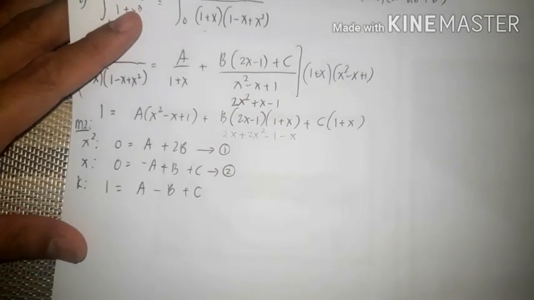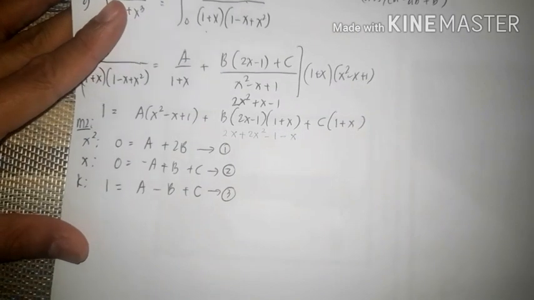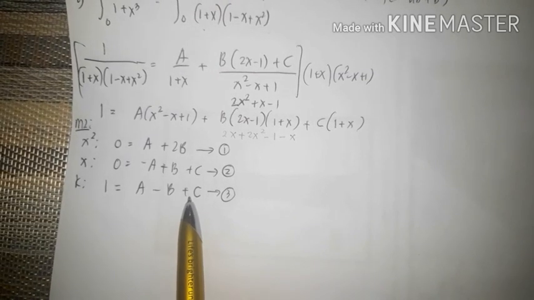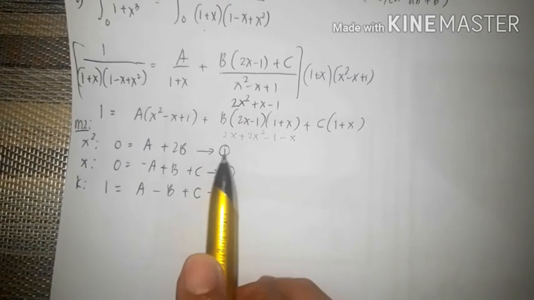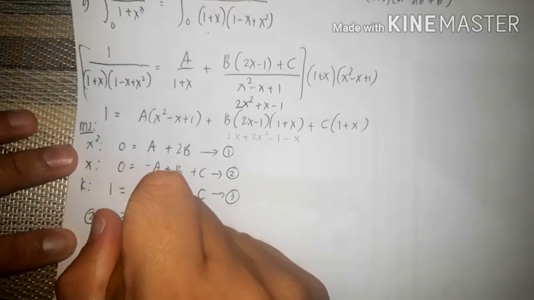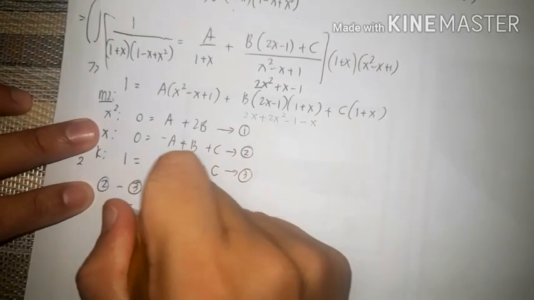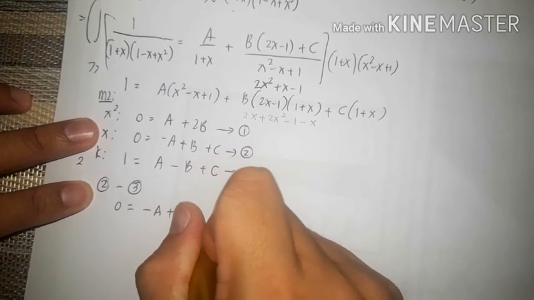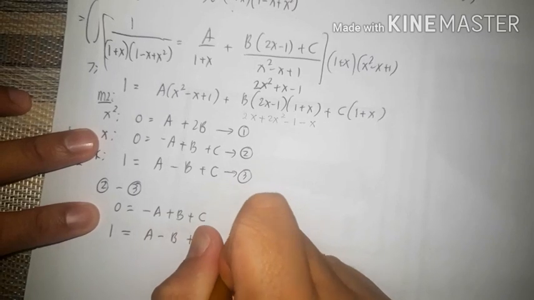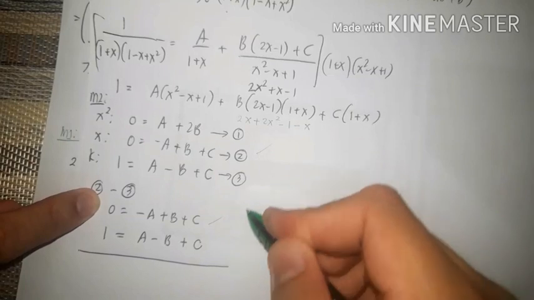So that's equation number 3. If I subtract equations 2 and 3 to eliminate C, equation 2 minus equation 3 gives 0 equals negative A plus B plus C, minus 1 equals A minus B plus C. Equation 2 is this one, equation 3 is that one.